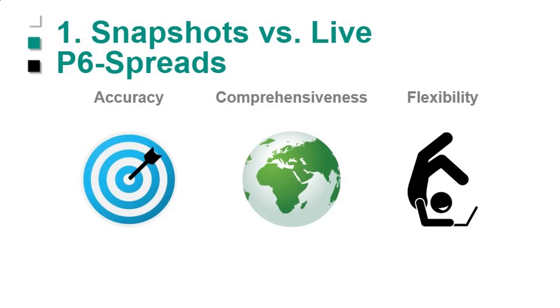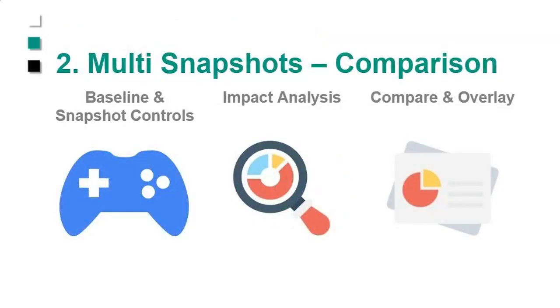And then you can have multiple snapshots. It's similar to doing a baseline, but it's not storing the data inside the P6 database. It's pushing it out to our data warehouse. And that way the snapshots are easier to report on, because when we push it out, we have the data in an easier to use format.